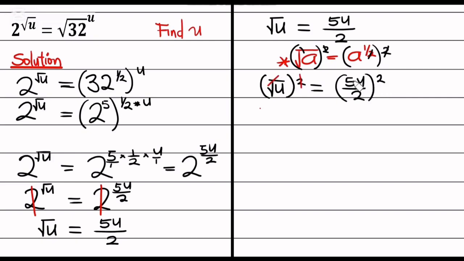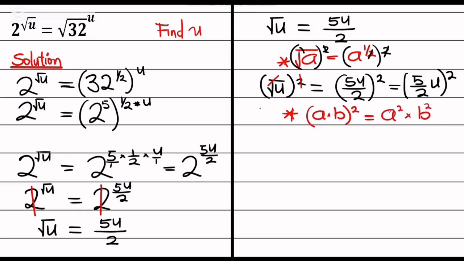And don't forget, what we have here is the same thing as 5 over 2, then u here, the whole thing raised to the power of 2, because I'm going to need an index rule here, which says if I have a multiplied by b in parentheses, all squared, I can also write it as a squared multiplied by b squared.